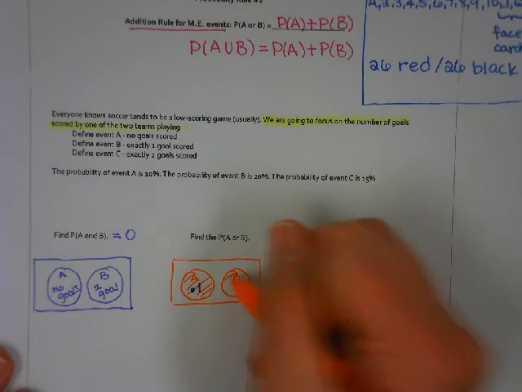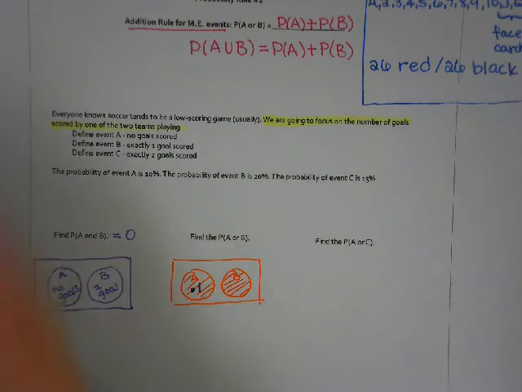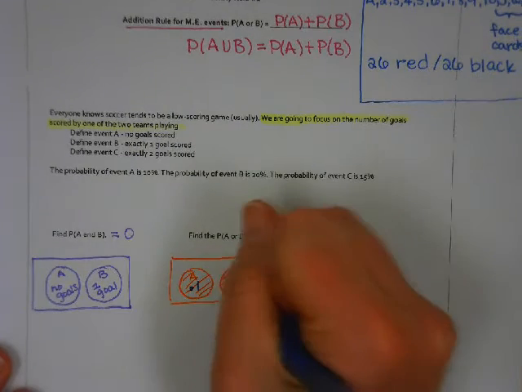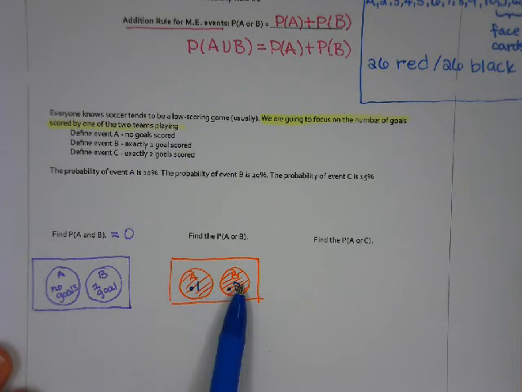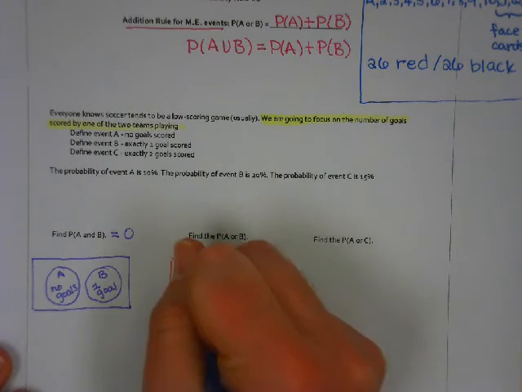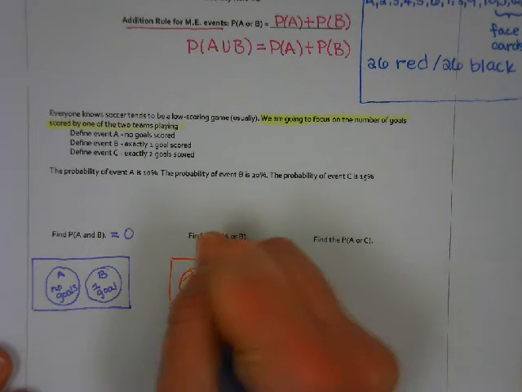Probability B happens is in here. By the way, my circles are not to scale. And that would be 0.2 happening. So the probability that A happens or B happens would be 0.1 plus 0.2, or 0.3.